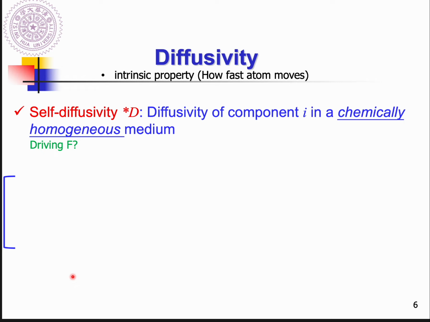Before we move forward, I have a question for you. In the course entitled Material Science and Engineering, I believe you already learned about diffusion, right? You always calculate how much time you need to dope carbon atoms inside steel, right? You calculate lots of diffusion problems, and the information provided by the questions only gives you the diffusivity equal to a certain value.